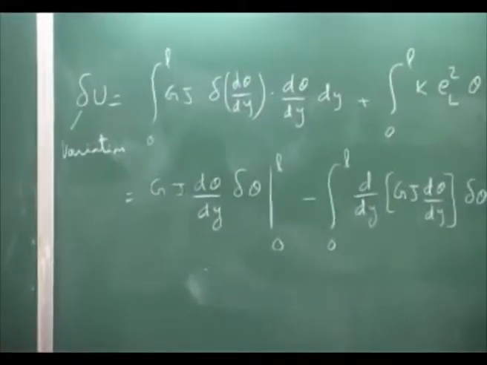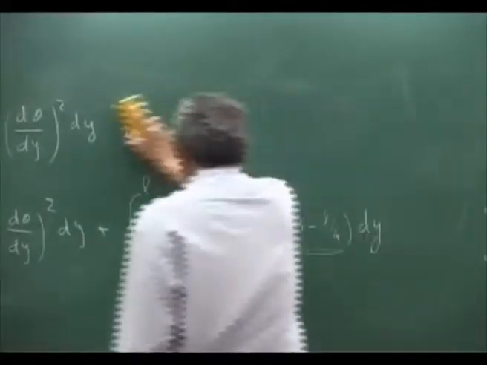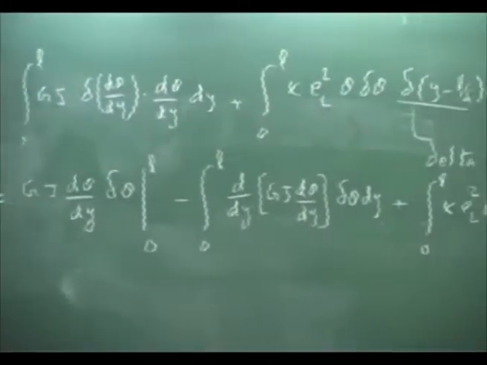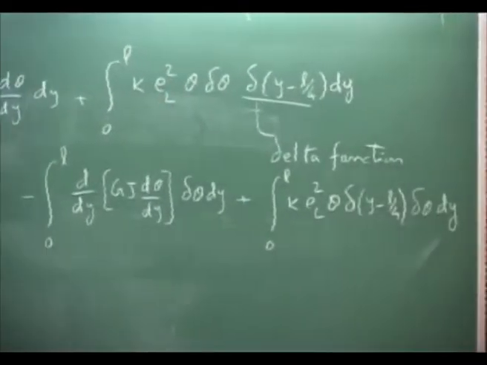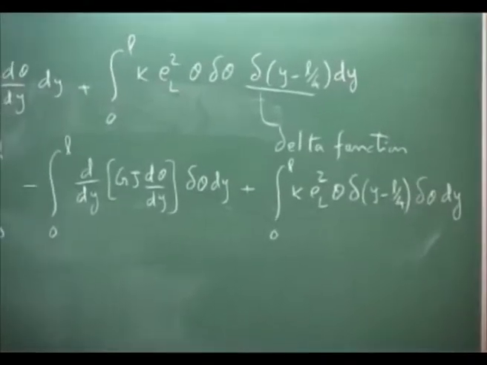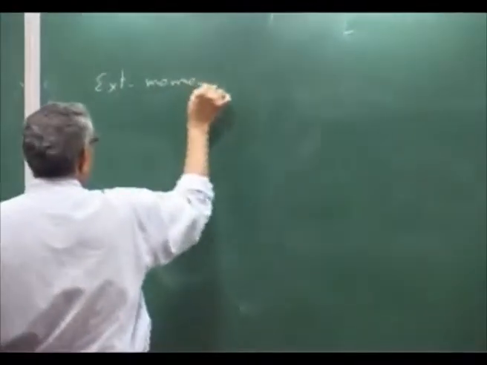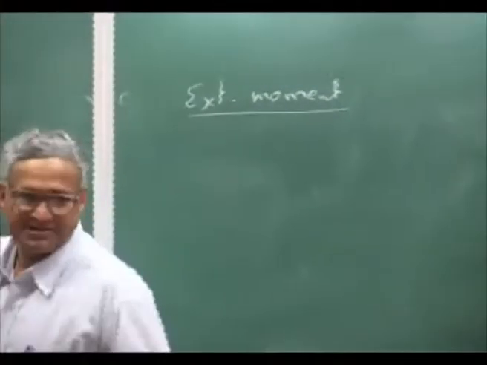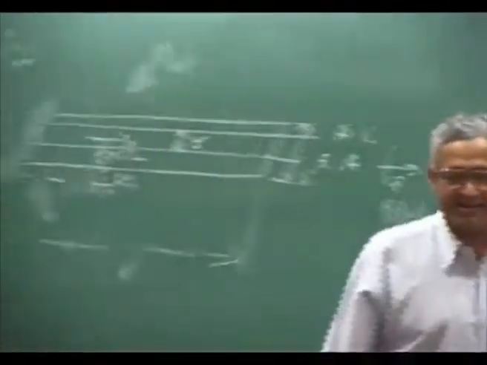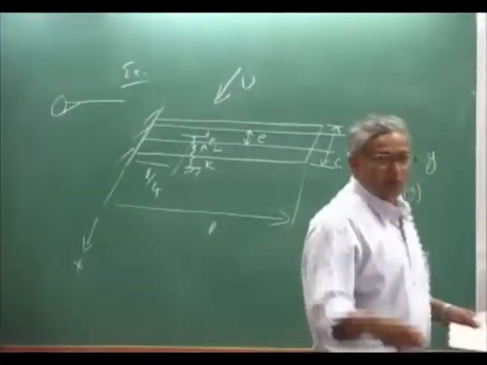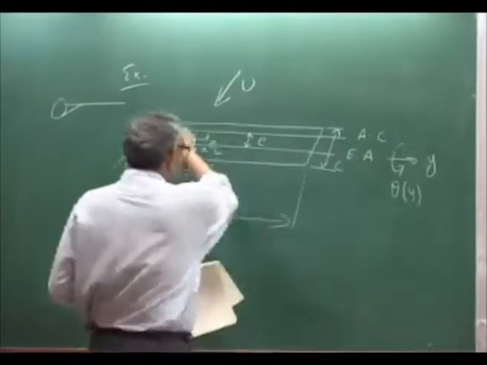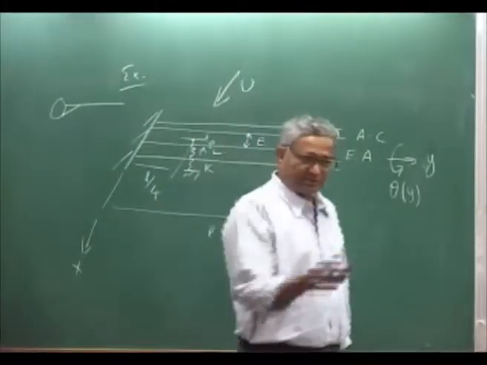Now you have to write the external. Delta W external. For the present I am taking only the lift force. This is the virtual work of the external moment. Gravity I am leaving because it is not necessary to have gravity. But if you want to take gravity, then you have to have that also, whatever moment.